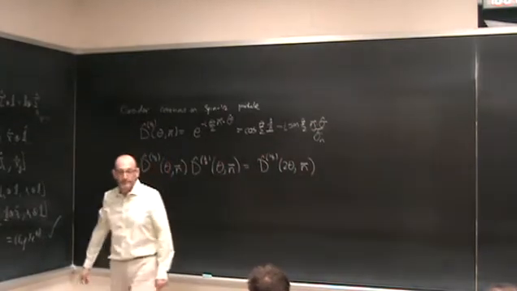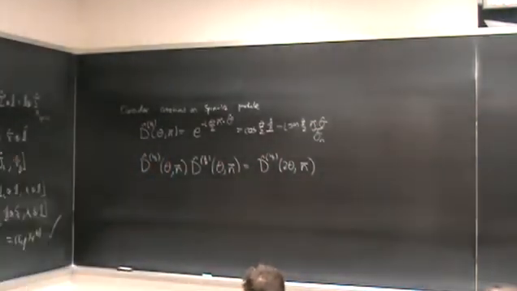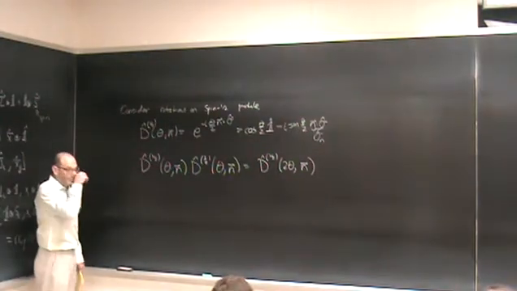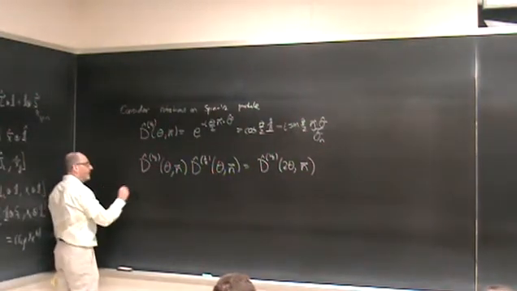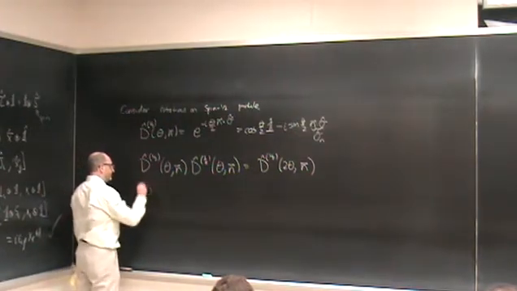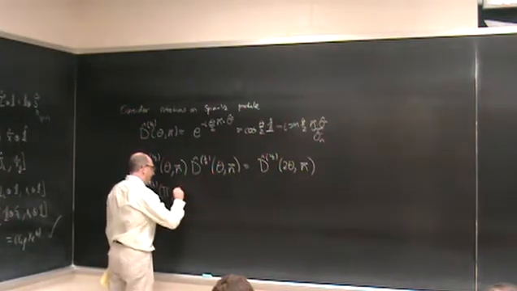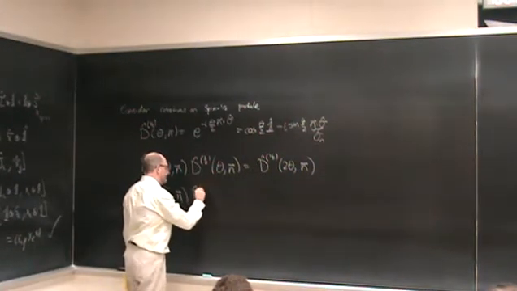It just combines, right? So this is a group composition law. So let's consider the case where theta is pi. So I'm going to rotate around the axis n by the angle pi, and then I'm going to do it again.